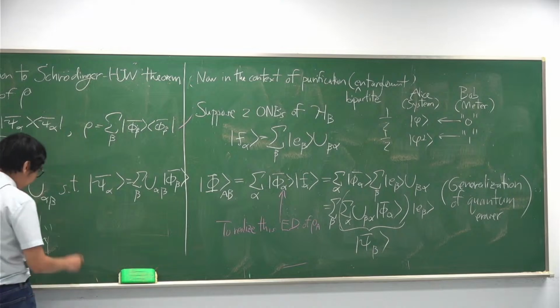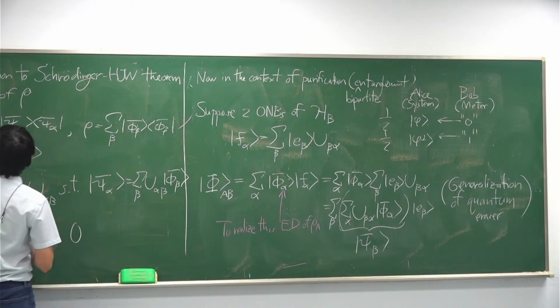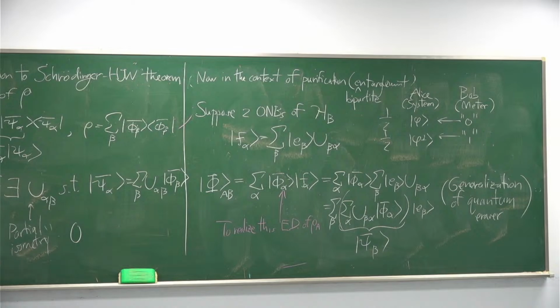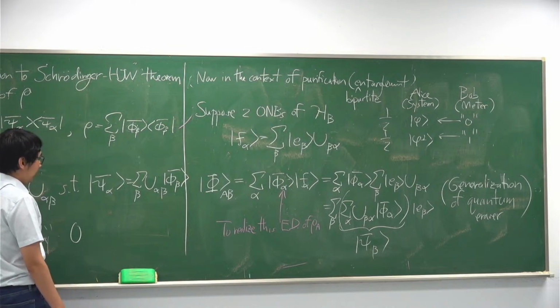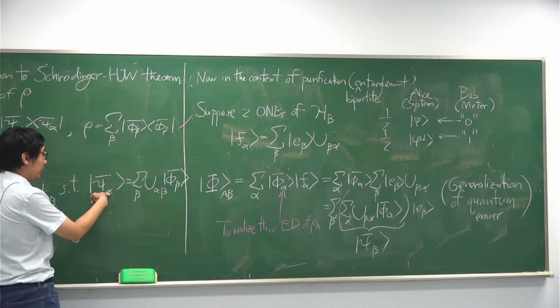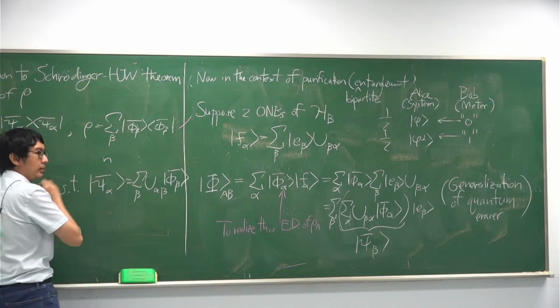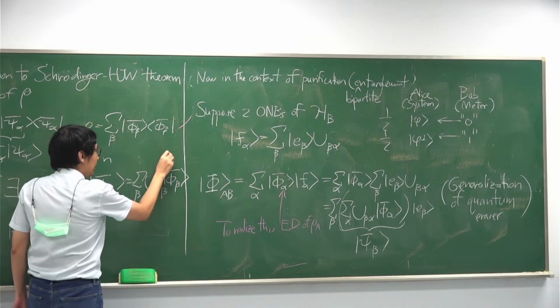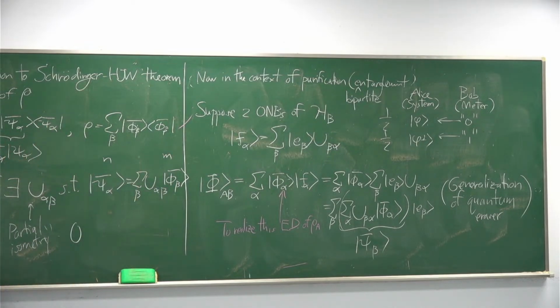So there are two ways that this U can map. Let's see. Suppose the index alpha runs from 1 to, let's say, n, and beta runs to m. So now it depends: if n and m are equal, this would just be a unitary matrix, right?